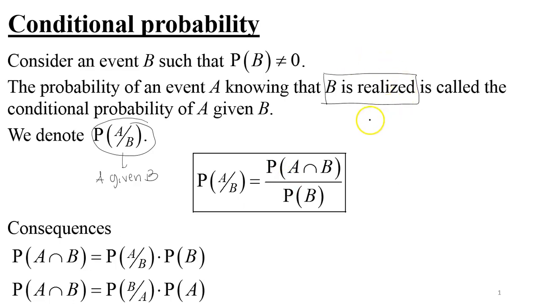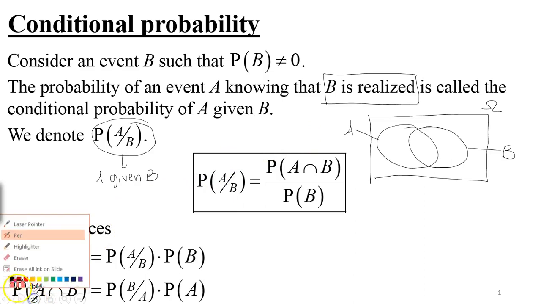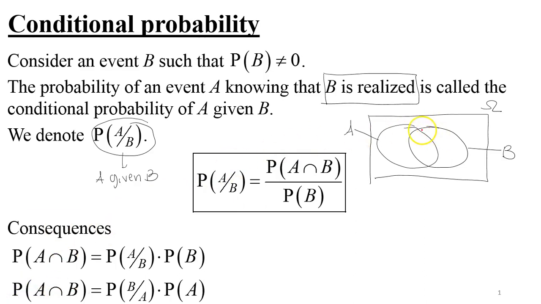Now why is that? To make sense of this formula, let's consider the sample space of a certain random experiment where we have an event A and another event B. I want to calculate the probability of A given B. So I know that B already happened, which means that this event is realized.